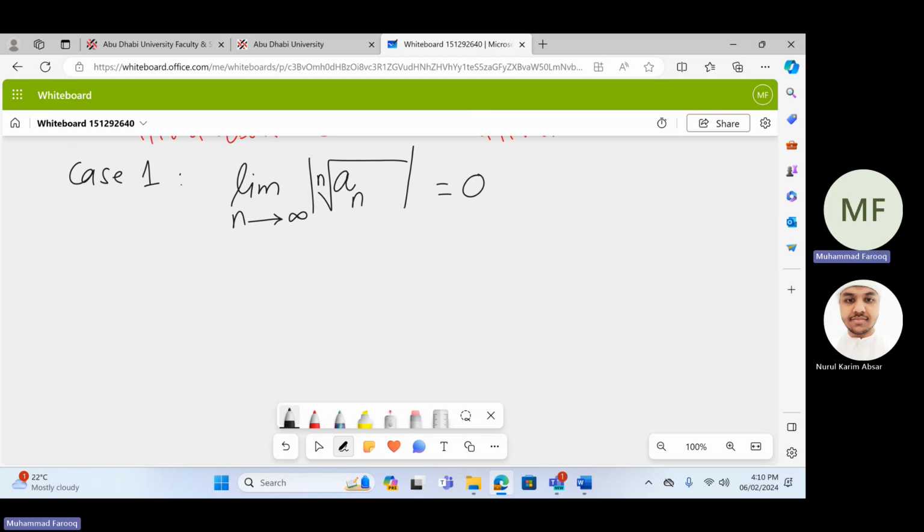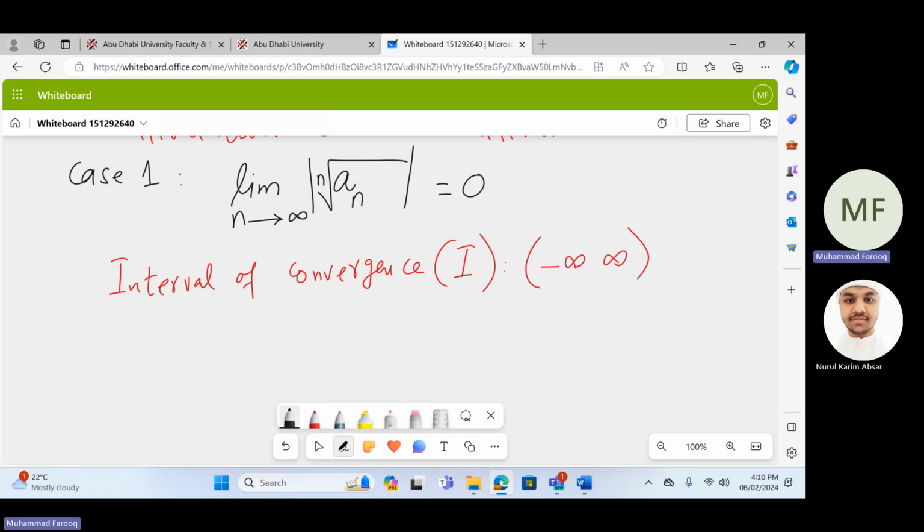If the answer is 0, the interval of convergence, for which we use capital I, is all real numbers.